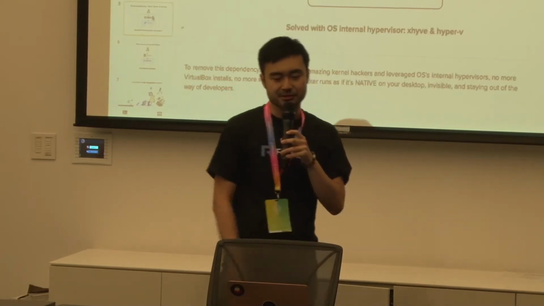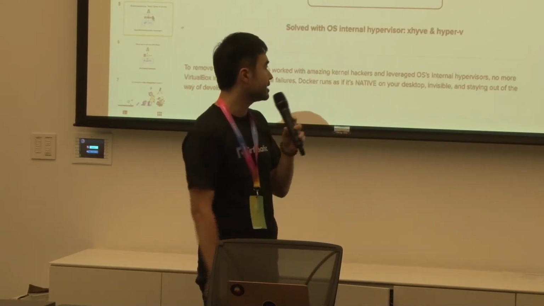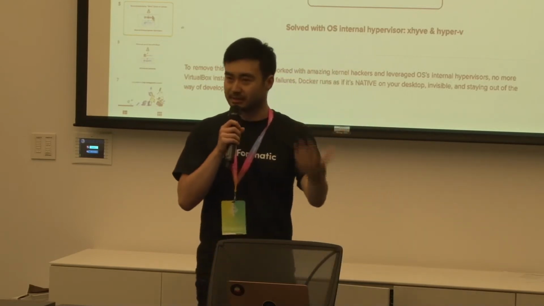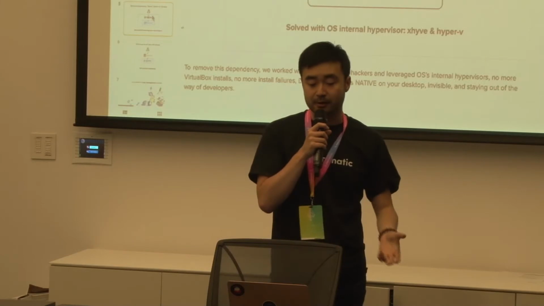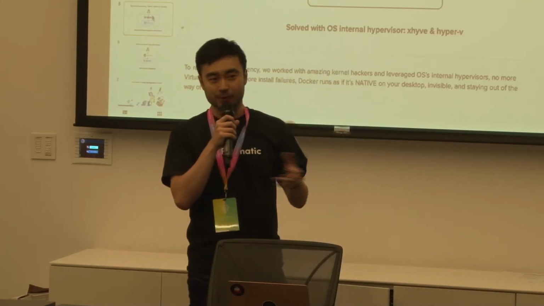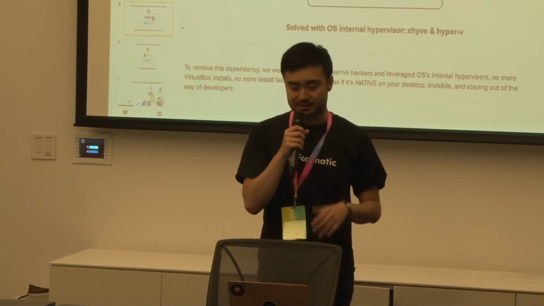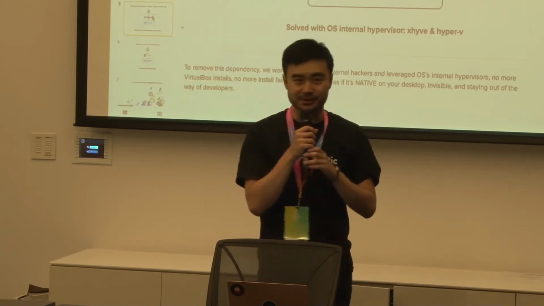And what we did eventually is we removed this dependency and made Docker feel like it's running natively on the desktop. It's invisible and stays out of the way of developers, right? This was done by working with the best kernel hackers in the world and leveraging the operating system's internal hypervisor and exposing it to the users.